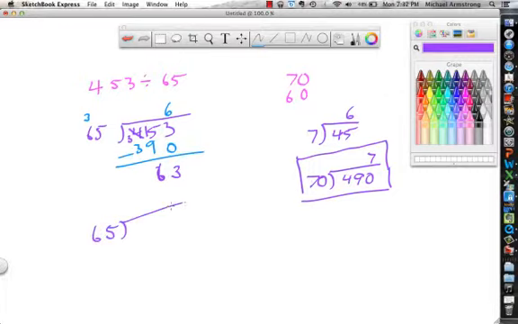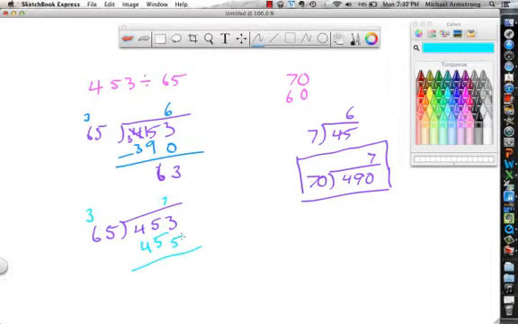65 into 453. If we had chosen 7, like they did, 7 times 5 is 35. And 7 times 6 is 42, plus 3 is 45. Now we can't really subtract because we have more than we should.